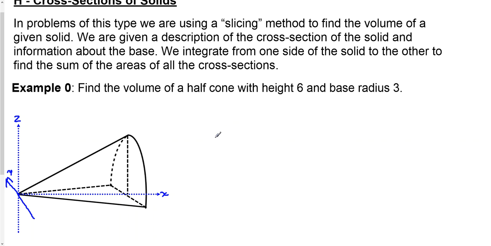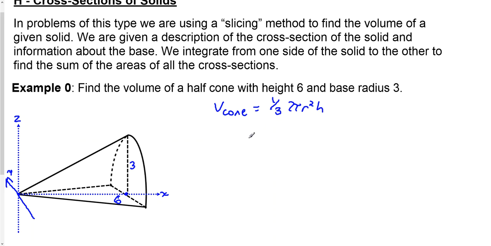And we're told some dimensions of it. The height is 6, so that's 6 along here from the origin to this point right here, and the base has a radius of 3. Now, we already know the answer to this question. We know the formula for the volume of a cone, or if we don't, we can quickly look that up. The volume of a cone is 1/3 pi r squared h.